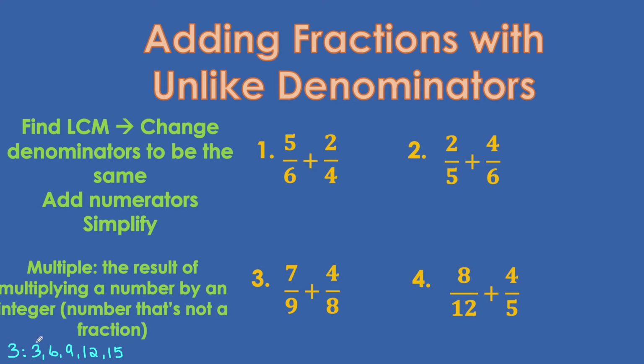So each number is multiplied by another number. For example, from 3 to 6, we're multiplying by 2. And from 3 to 9, we're multiplying by 3.